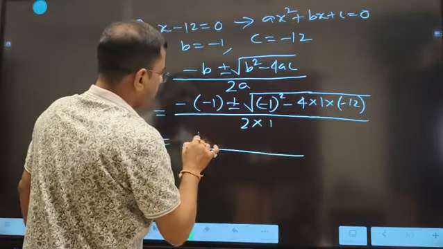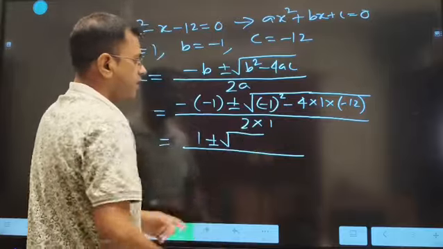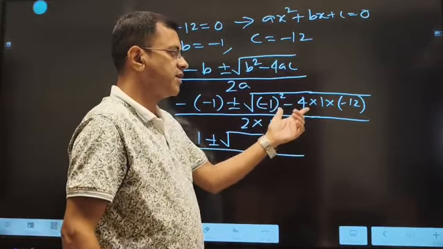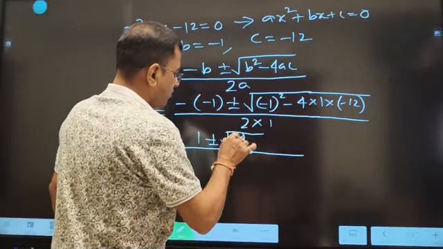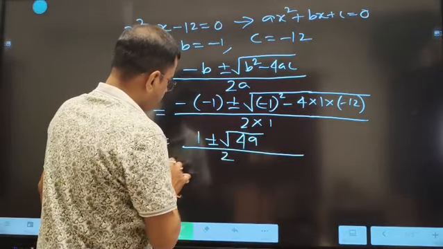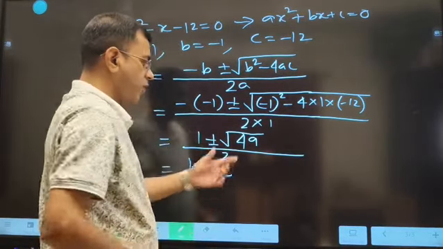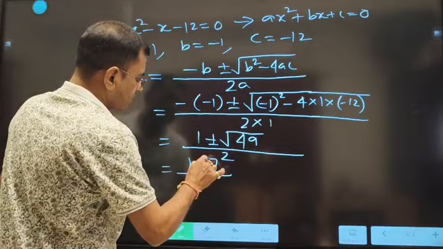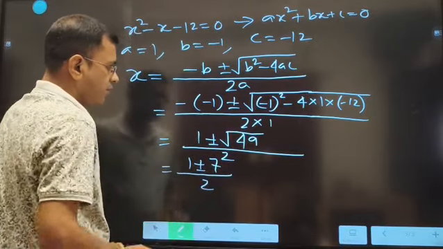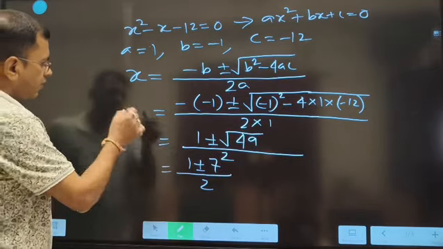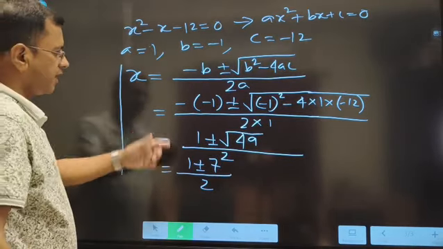Minus 1 whole squared is 1, then plus 48, which becomes 49. So x equal to 1 plus minus the square root of 49, which is 7, divided by 2. We get two values of x.